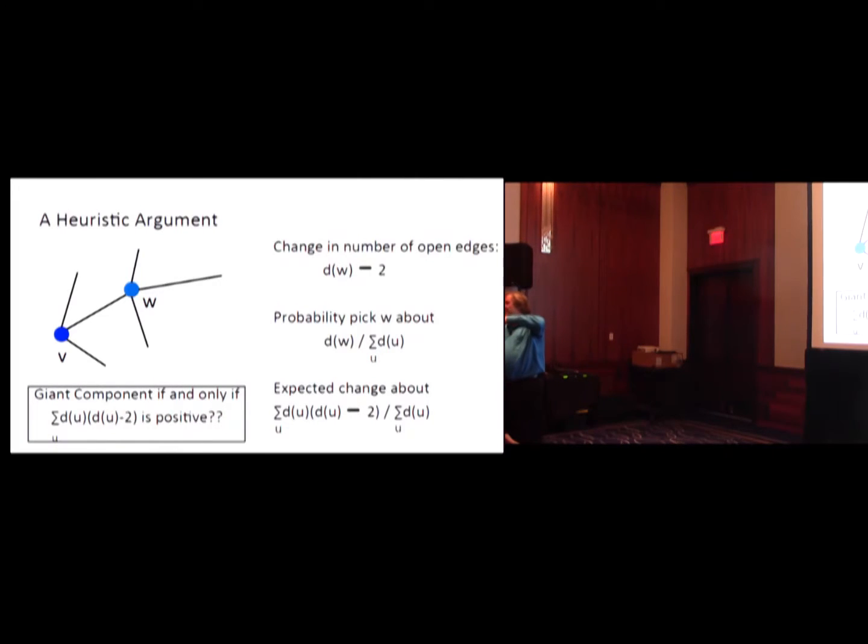Because of course, if this sum is positive, then with positive probability in this random walk, the number of open edges will keep going up. Whereas if this sum is negative, then you expect the random walk to crash back to 0. So that's the heuristic argument.